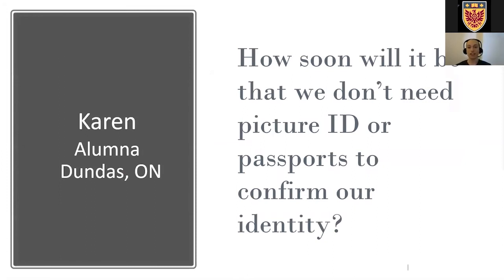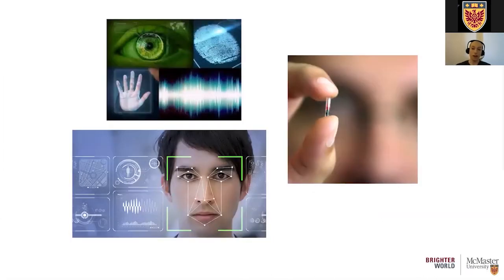So Karen is asking, how soon will it be that we don't need picture ID or passports to confirm our identity? Great question. I think we already have the technology to make that a reality. We have something called biometrics. So you can identify a person by looking at maybe their fingerprint, that's very old.